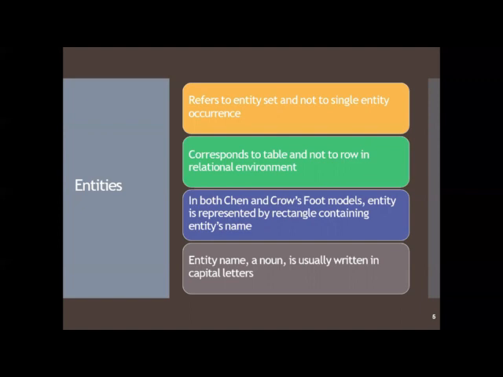Entity's name, a noun, is usually written in capital letters. So we have two approaches, we can use chain or cross-foot models. The name of the entity is usually written with capital letters.